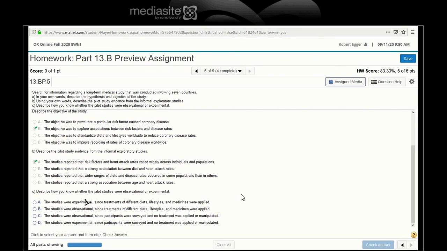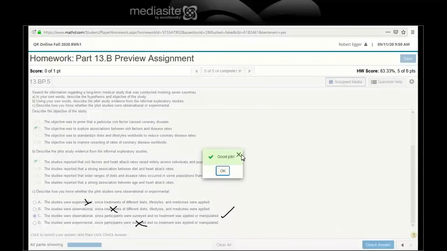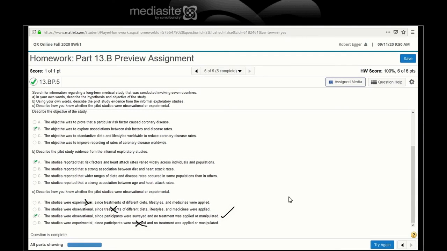Studies were observational since treatments of different diets, observation and treatments don't go together. Study was observational since participants were surveyed and no treatment was applied or manipulated. Experiments were experimental; experiments and surveys don't go along. It has to be C. Observational, no treatment.